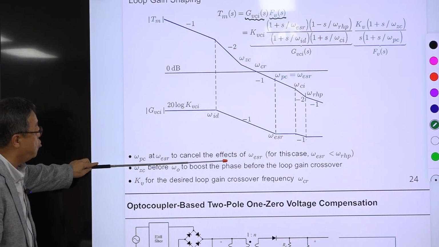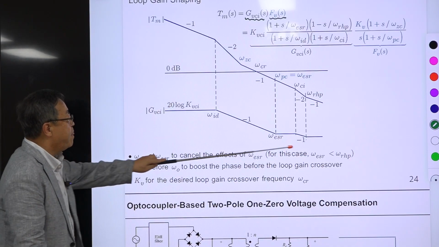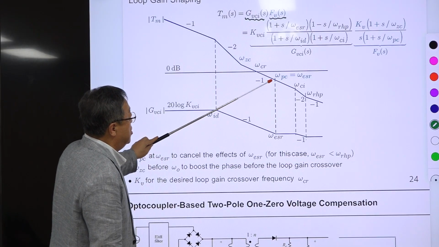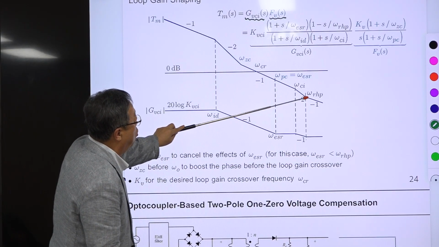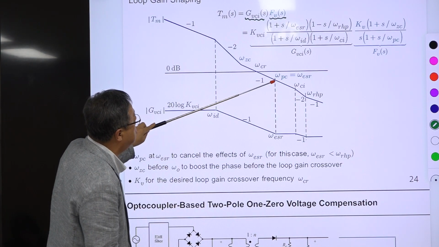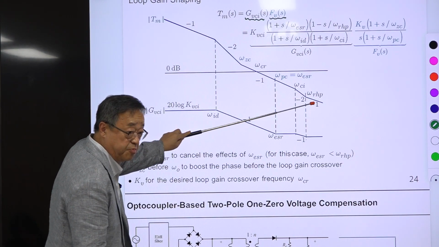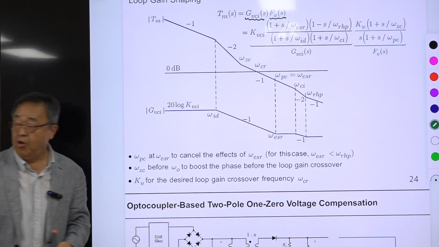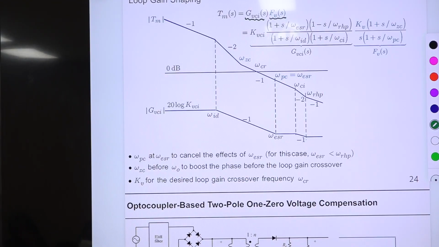So this is the first one, and if this one comes first, omega RHP is coming here, then place omega PC at this place. Actually omega PC is placed at the minimum of omega ESR, omega RHP, and half the switching frequency.